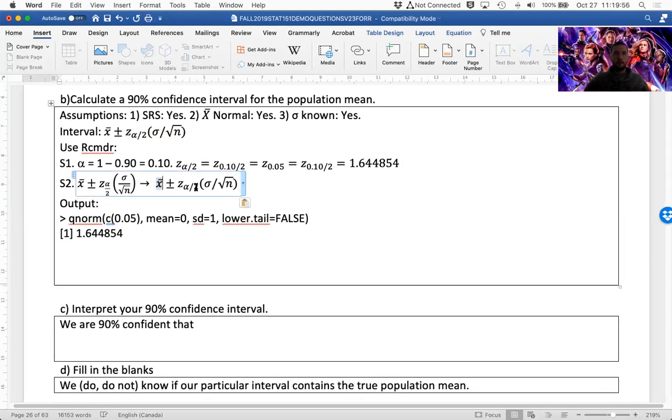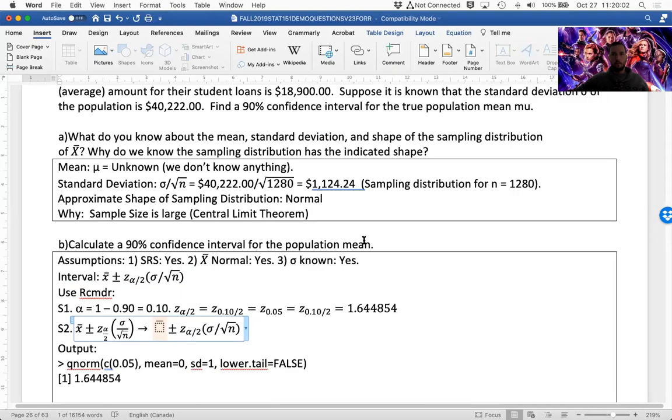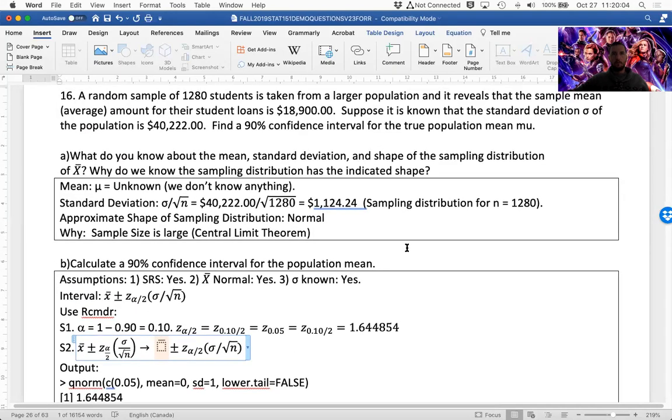So where x bar is, we're going to have our mean, which was 18,900, plus or minus the z-score, which is 1.644854, multiplied by sigma over the square root of n, which we worked out to be 1124.24.